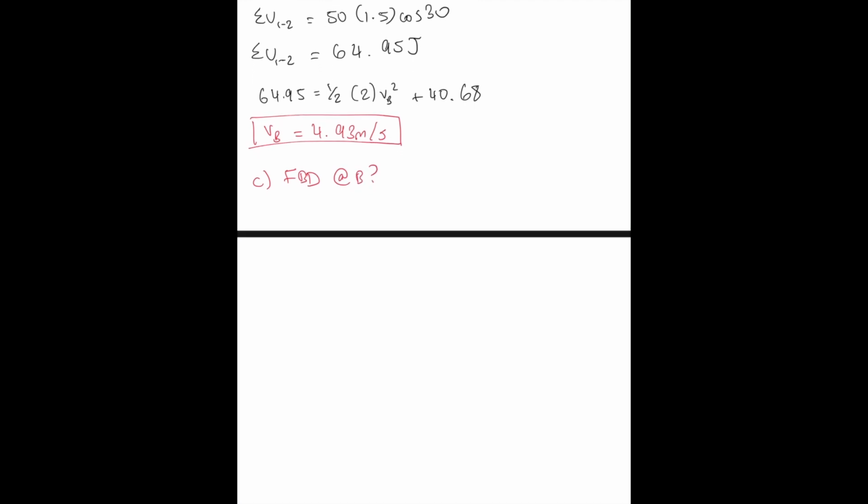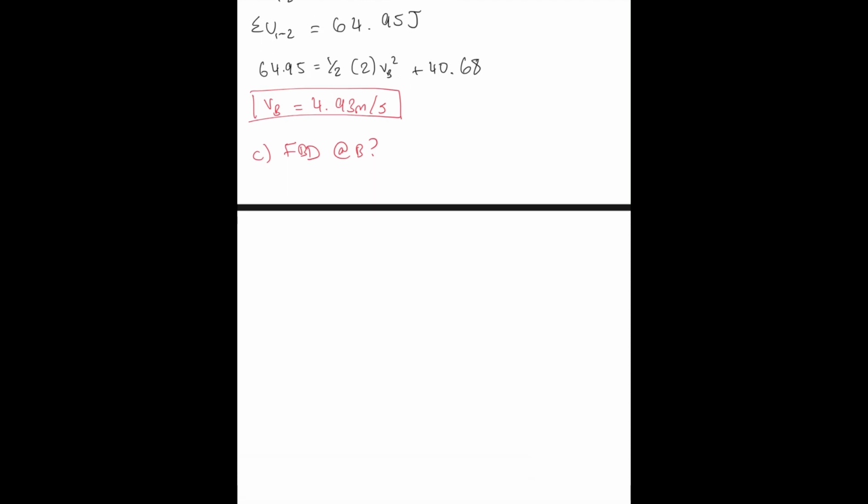And now for part C of our problem, we want to find the free body diagram at B. We just want to draw the free body diagram. We don't necessarily need to know the magnitudes. So this is our collar over here. This is going to be the mass, the gravity acting on the collar.